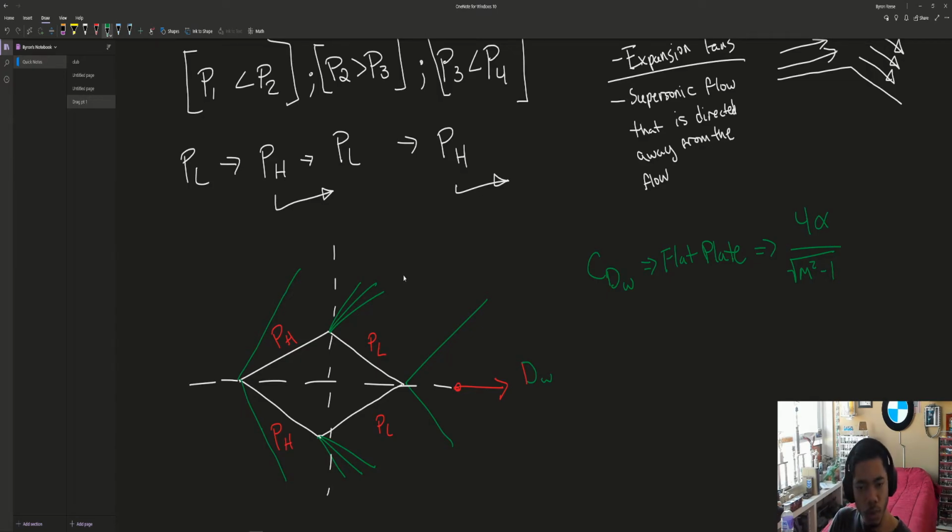This is for a flat plate. Now, when we look at our modified airfoils, such as the modified double wedge and the modified biconvex, depending on their thicknesses, we can approximate them as a flat plate.